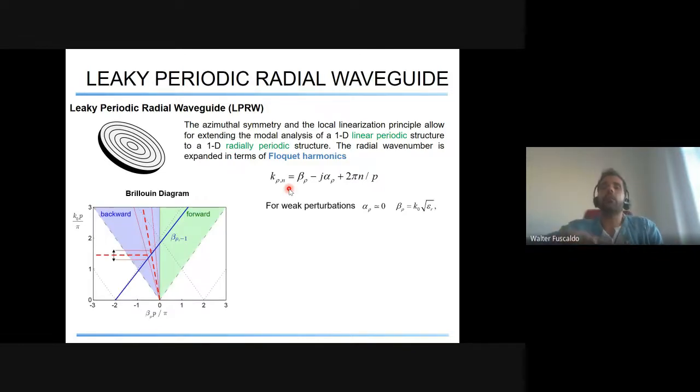We can design the structure in order to have just the -1 Floquet harmonic propagating in the structure, and this is essential in order to have, at a given frequency, the phase constant of the radial wave number negative, so as to have a backward leaky wave. This is extremely important for our purposes because we need, as I have shown in the first slides, an inward ray that is emitted from the structure.